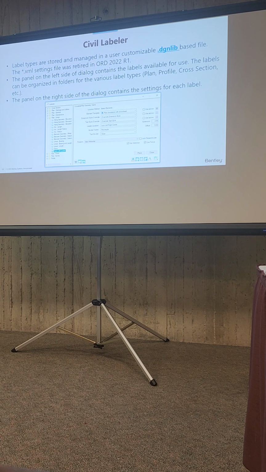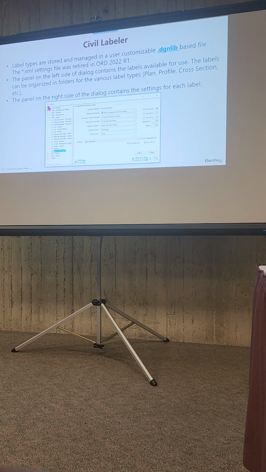So for your text favorites, it's really important to come up with a naming convention that maybe you organize them by discipline, or maybe you abbreviate. You have all your drainage labels go in together, all your roadway. You could also include plan, profile, cross section, so kind of what their use is, so that when they're in an alphabetical format, they're in the list, an easy way to go and grab them.